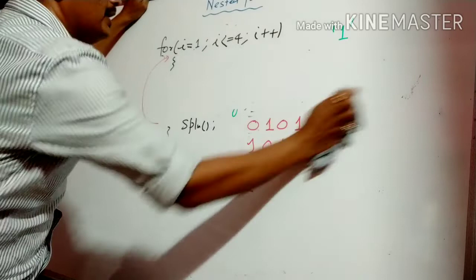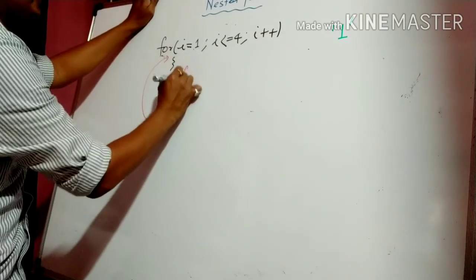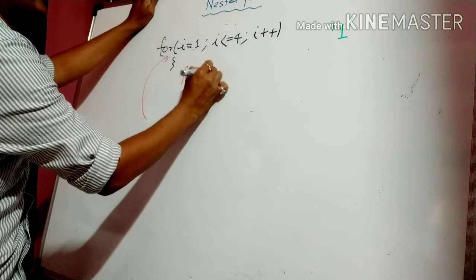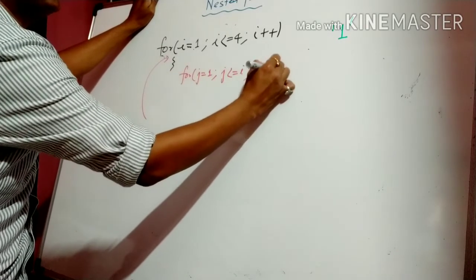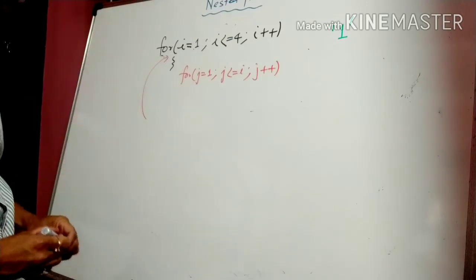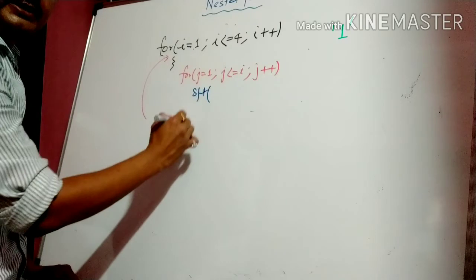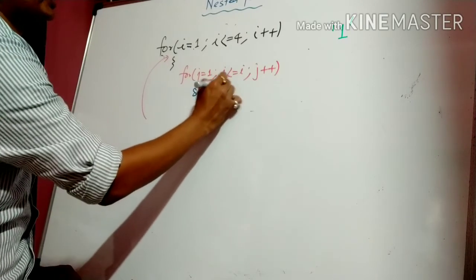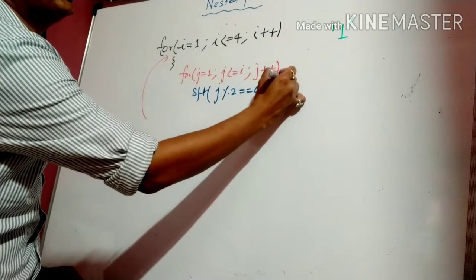Now here I will change a few things. If you write here for j is equal to 1, j less than equal to i, j plus plus. It will start with 1. Here is the print j modulus 2 is equal to 0, question mark.